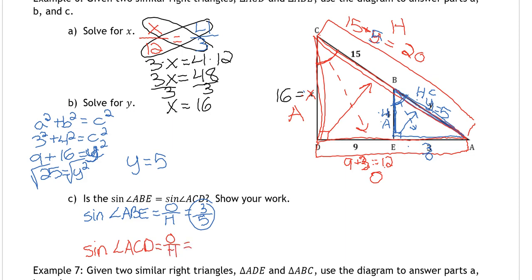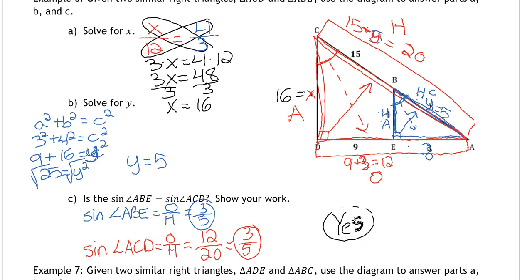My opposite side is 12, and my hypotenuse is 20. I'm going to reduce those. 12 over 20 does reduce to 3 over 5. So are these equal? Yes, they are.